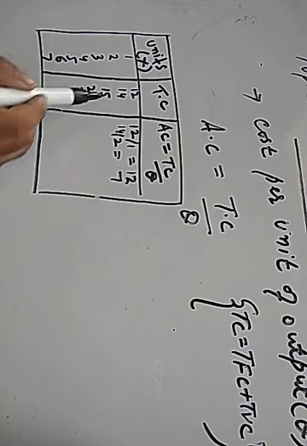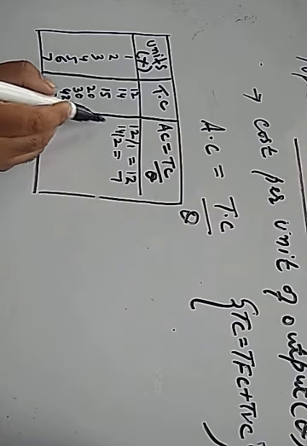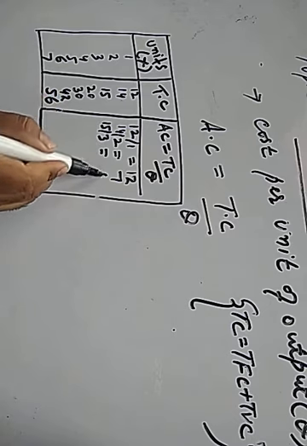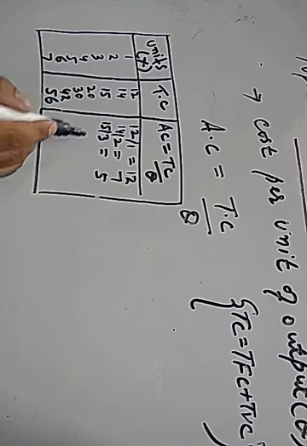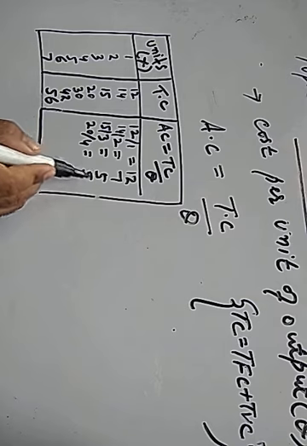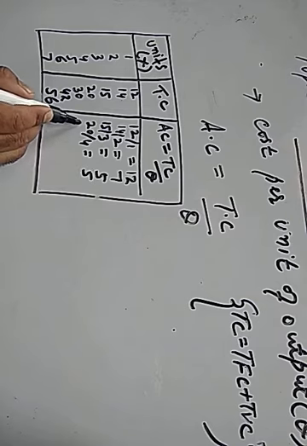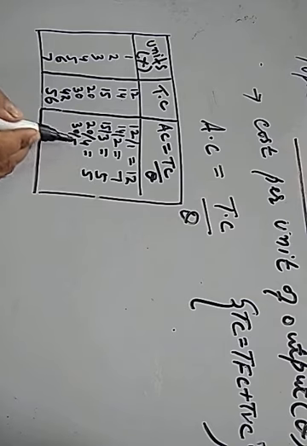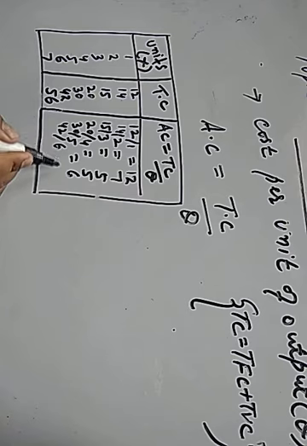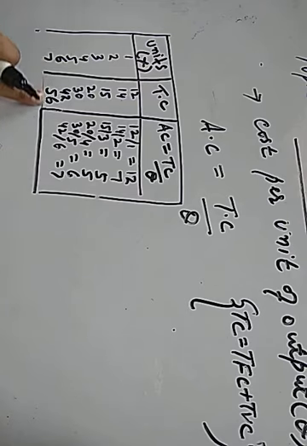With the help of this formula, the other values will be 15 divided by 3, which equals 5 rupees. 20 divided by 4 equals 5 rupees. 30 divided by 5 equals 6. 42 divided by 6 equals 7 rupees per unit cost.